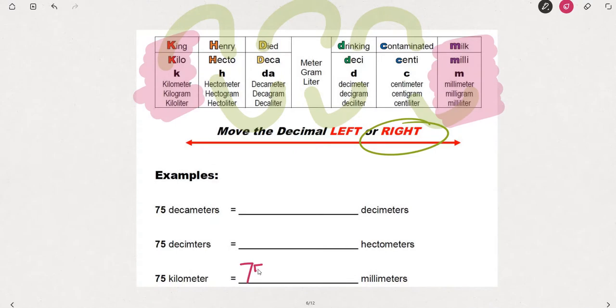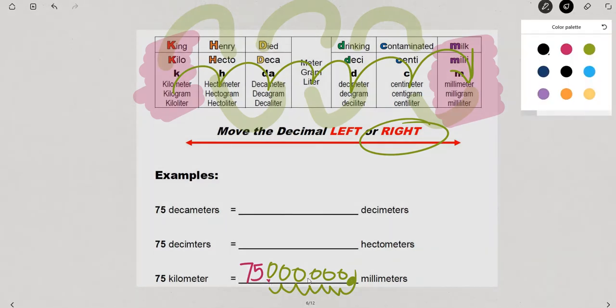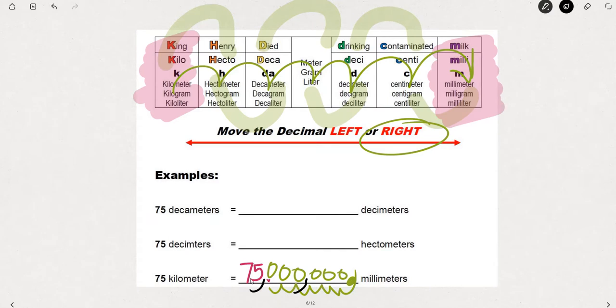So I'll start with the pink. If I move to the right, 1, 2, 3, 4, 5, 6. Then I'm going to need 6 zeros to hold the place value. And it looks like I would get 75 million millimeters.